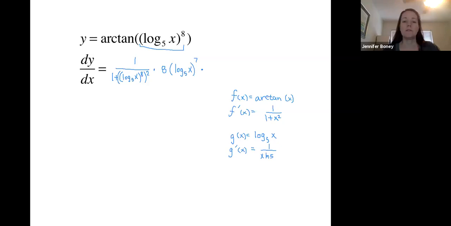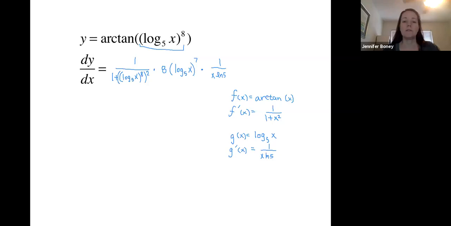And again, you could have started from that, x log of 5, and then with an 8th power of that. When I see nested chain rule functions, like a function of a function of a function, I find it easiest to work from the outside in so that I don't only replace the inner function with its derivative.